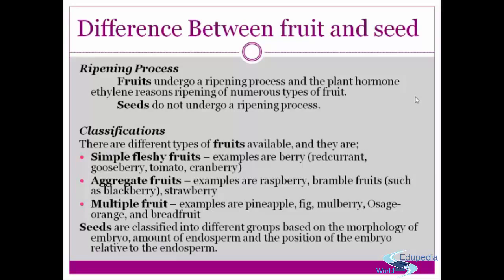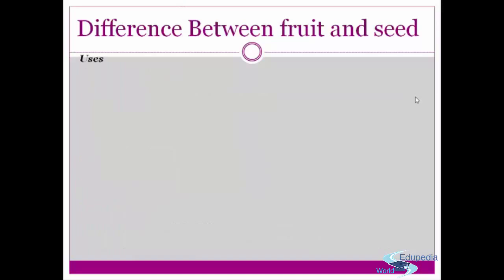Seeds are classified into different groups based on morphology and embryo, amount of endosperm, and position of the embryo relative to the endosperm.